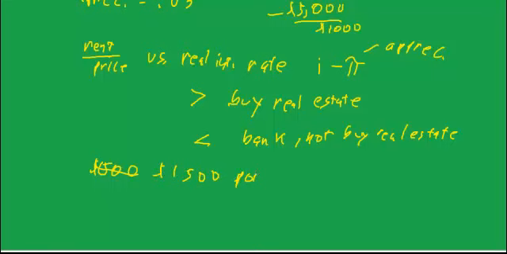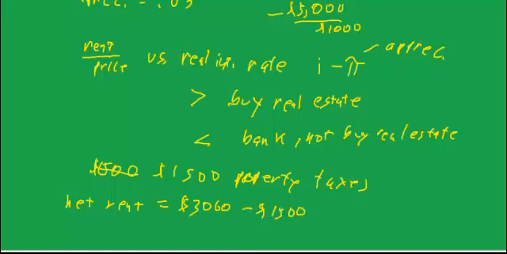So if you have that in property taxes, then the net rent, net of the property taxes, is just the $3,000 minus $1,500, or only $1,500. So that's one real world complication.